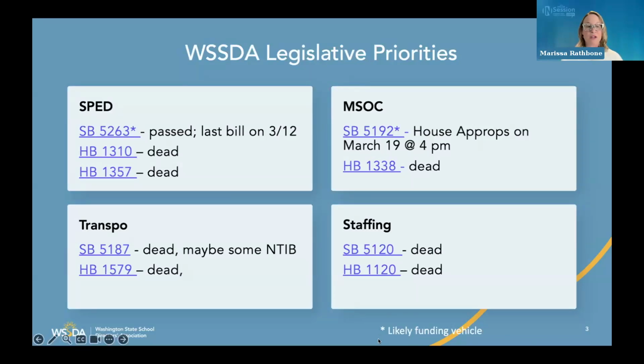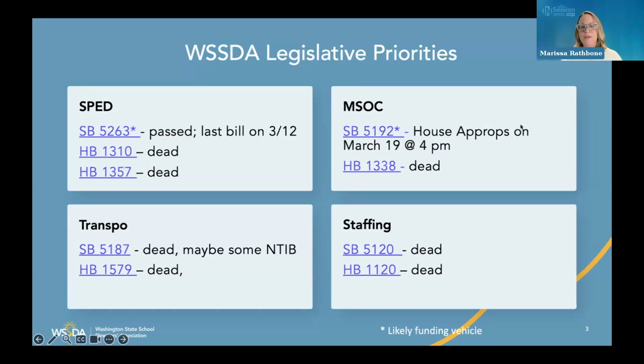And also a reminder that any of these bills that say dead beside them are still in play for the 2026 legislative session. So they die for this session, but they all return as alive for next session, and just will have to go through the process in order to stay alive.